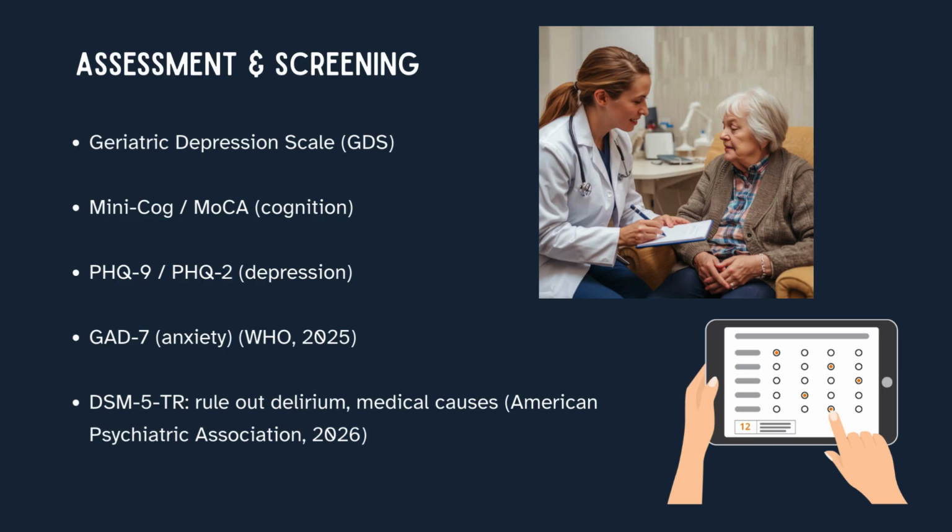The PHQ-9 and the GAD-7 are also useful, and cognitive tools like the MiniCog help us rule out any neurocognitive disorders. The DSM-5-TR reminds us to always rule out delirium, medication effects, thyroid issues, or vitamin deficiencies before diagnosing depression. In primary care, this really means slowing down and looking at the full picture.